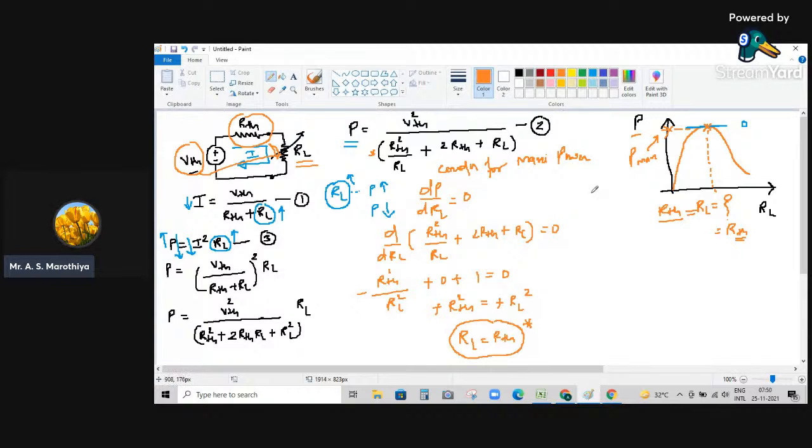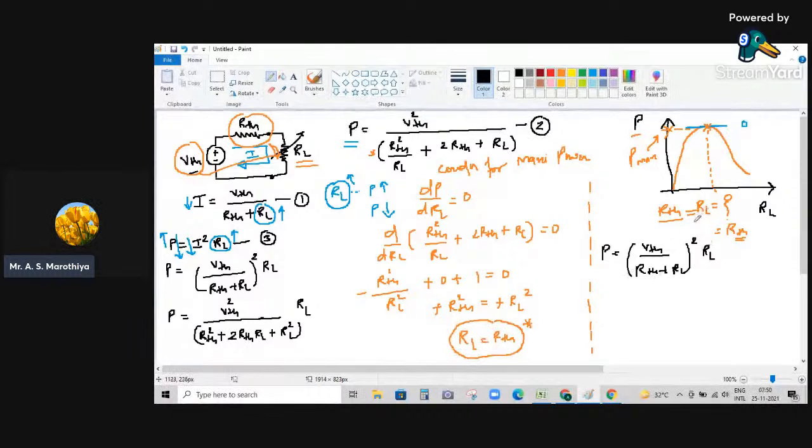And suppose you are interested to find out what is the mathematical expression for P max, so how to find that? Again, it is very simple. So here I can write P is going to be equal to I square into R, and I is VTH divided by RTH plus RL, whole square, into RL.